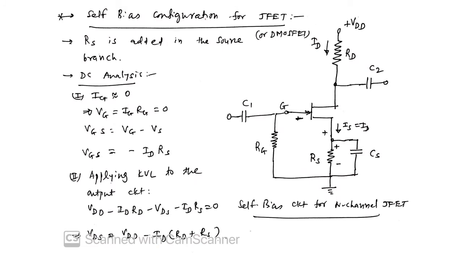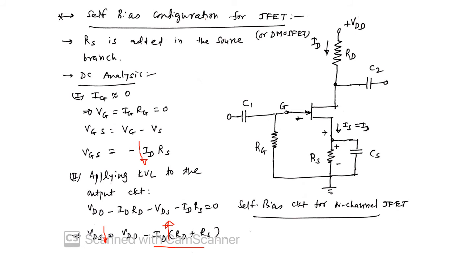In this equation, suppose ID increases due to a change in temperature. What happens? If ID increases, this drop increases, and that's why VDS reduces. But as ID increases, IDRS is increasing actually.